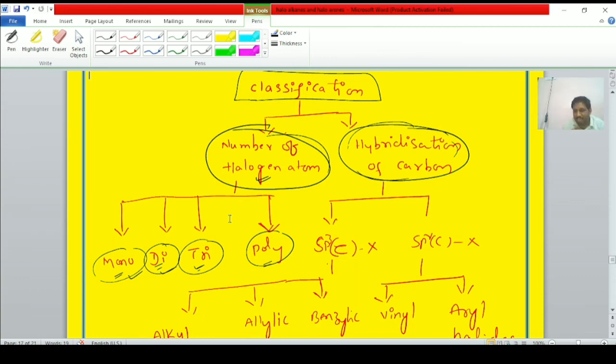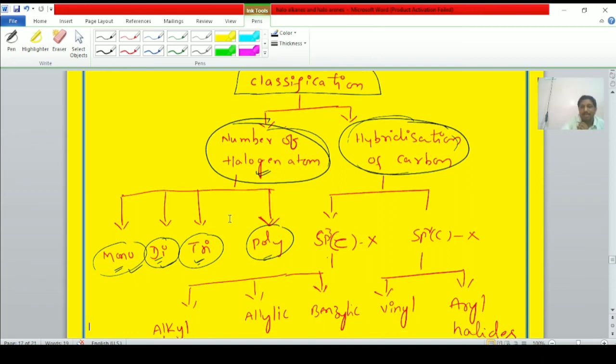Based on hybridization, again two types: sp3 hybridized carbon-halogen bond containing compounds and sp2 hybridized carbon-halogen bond containing compounds. sp3 has how many types, students? Three types, already discussed: alkyl, allyl, benzylic.